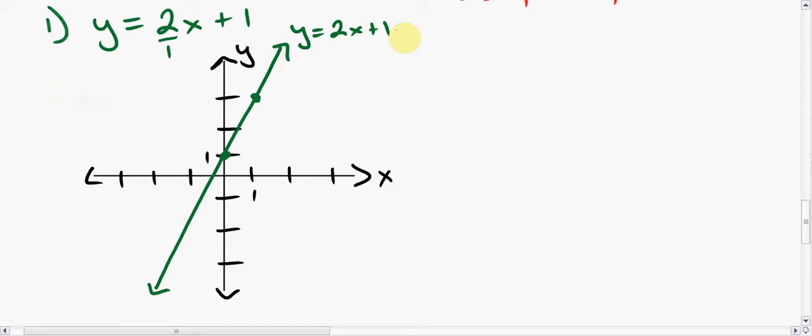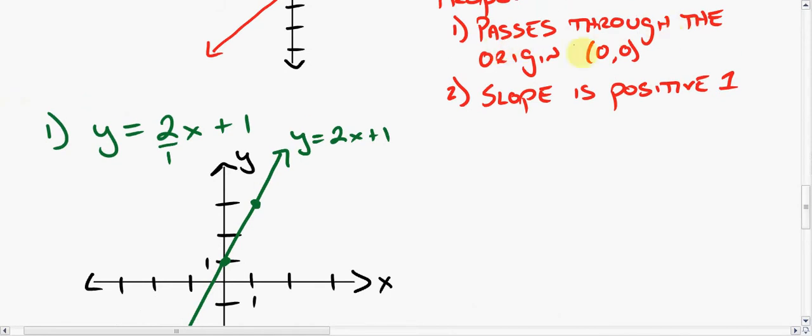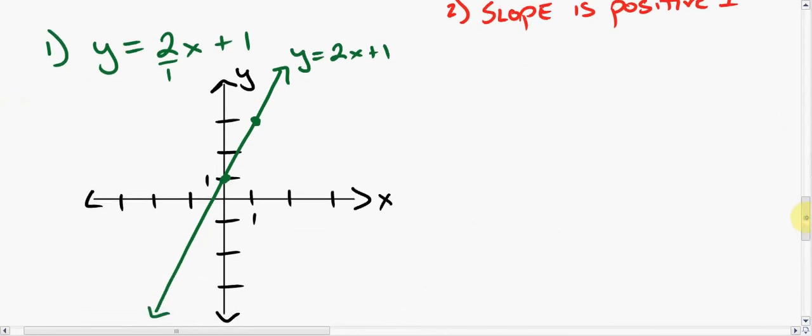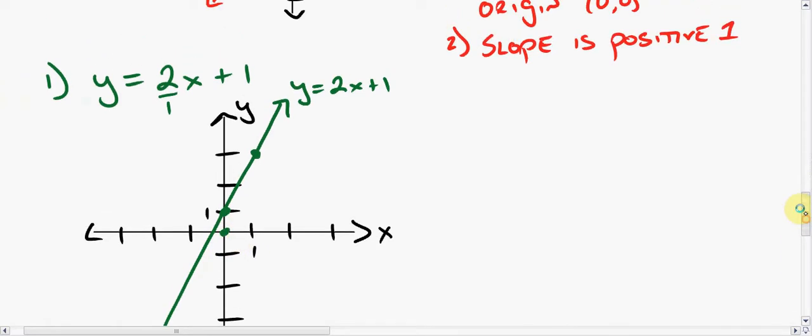Next, I'm going to graph my parent function. And if you go back to the properties of the parent function, we know it passes through the origin, so its y-intercept is always going to be at 0, 0. And we know the slope is always positive 1. So we're always going to have a point at 0, 0, and then a second point at 1, 1, because we're going to go up 1 over 1.